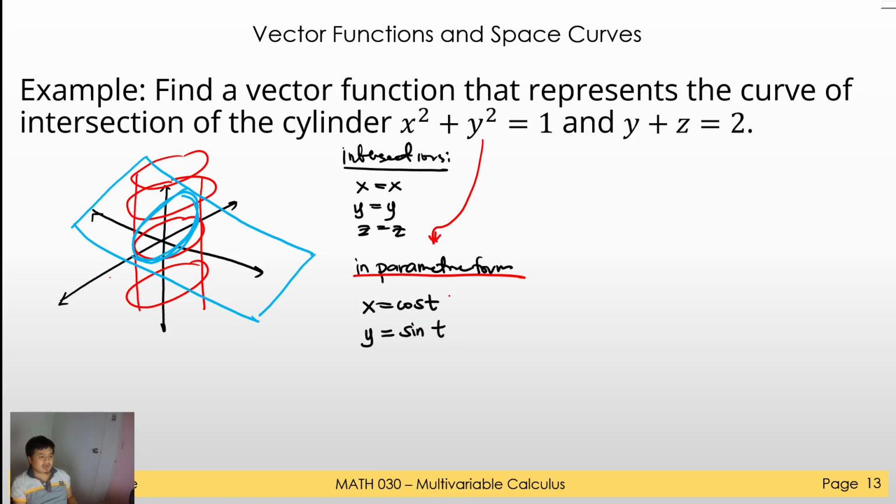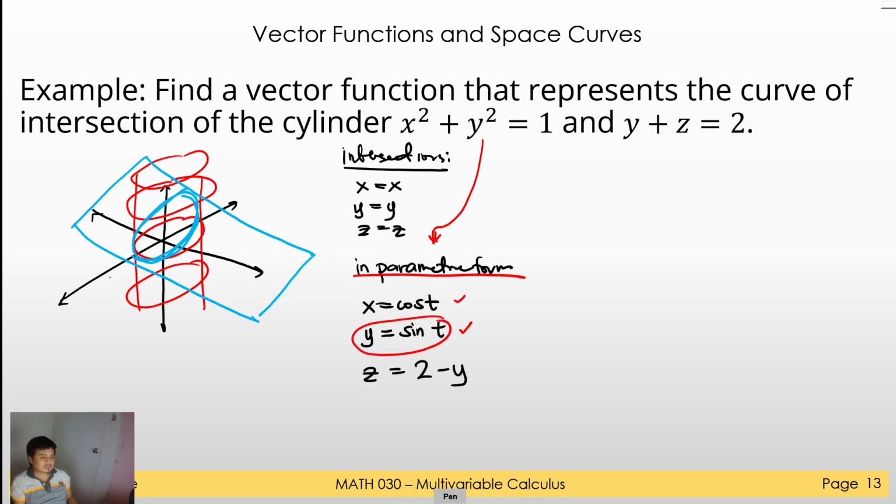Now we already have a coordinate for x and y, but for z, we can use this last equation, which is the equation of the plane. So we have z is equal to, transposing this y to the other side, 2 minus y. Now, again, for intersection, we are just equating this. So we can equate y is equal to y.